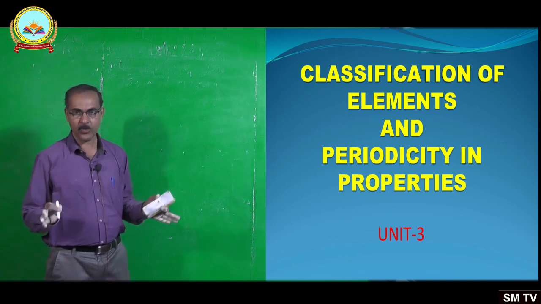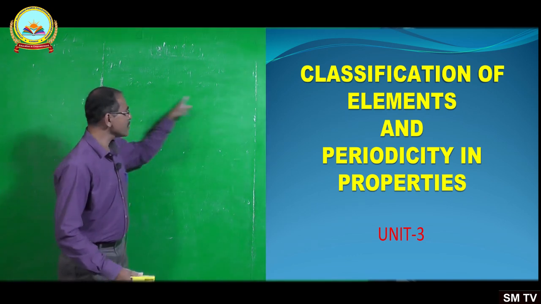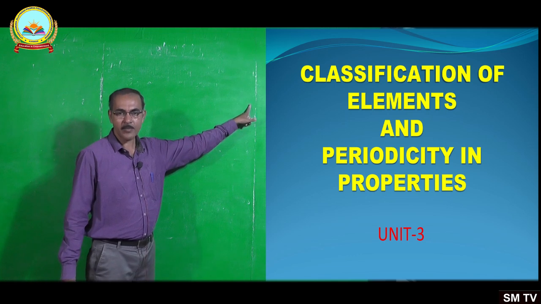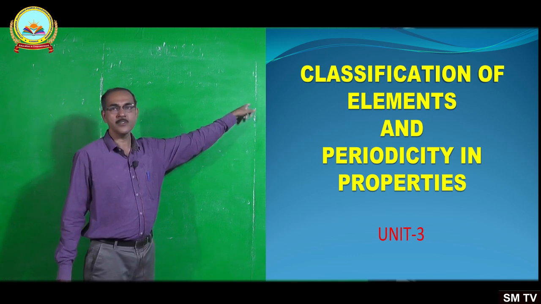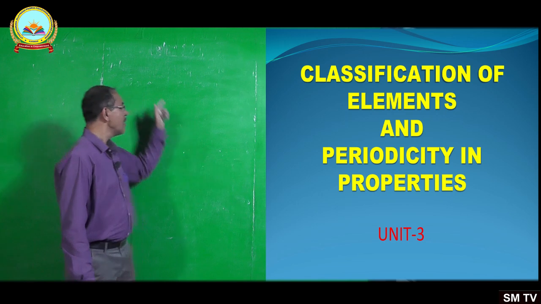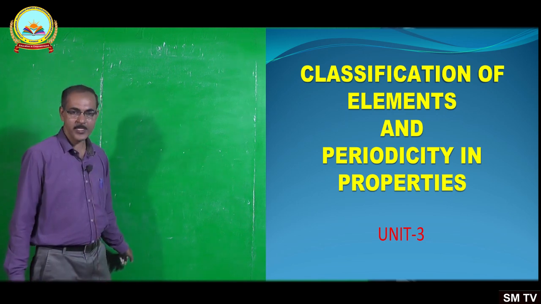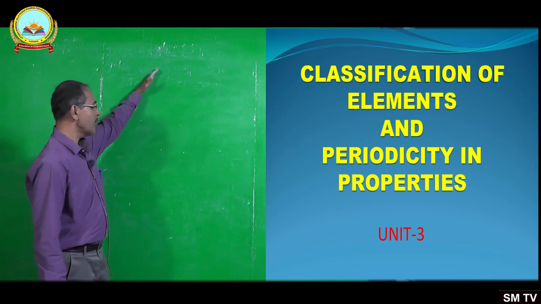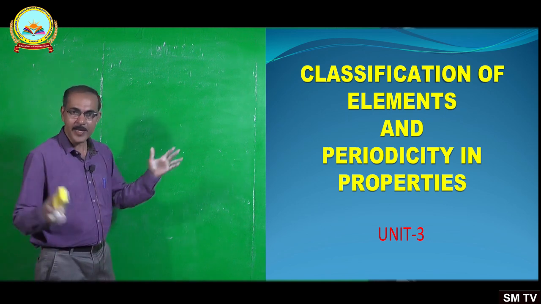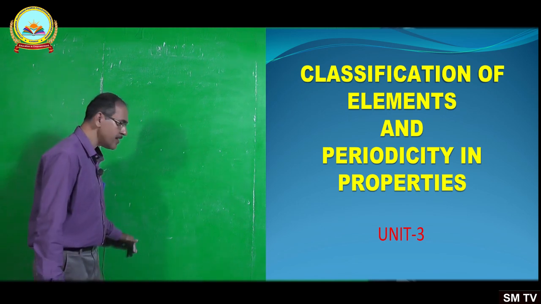Its trends to be remembered: along the period, atomic radius decreases. Down the group, the atomic radius increases because new shells are added.